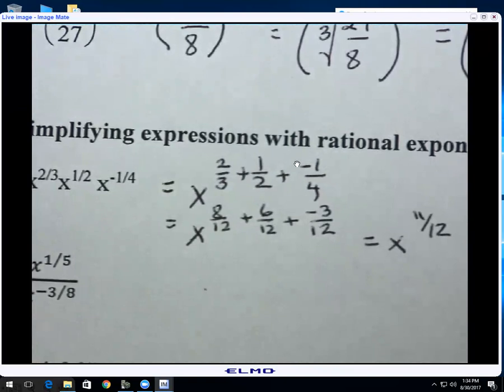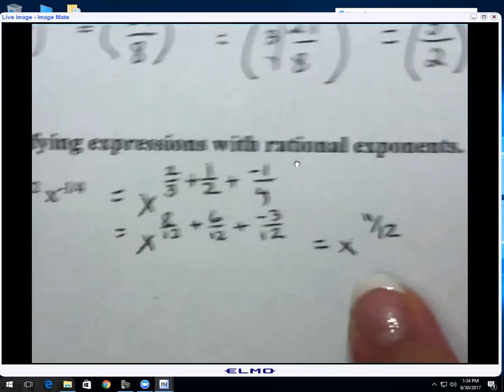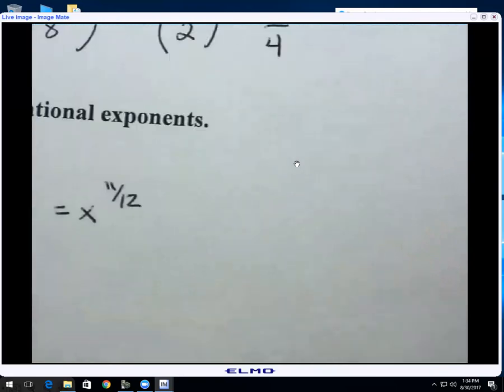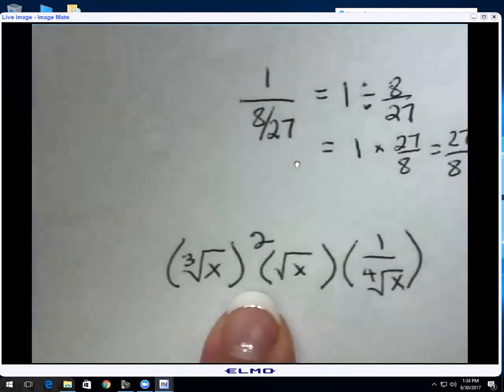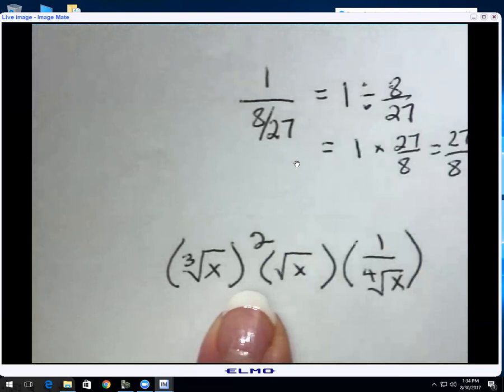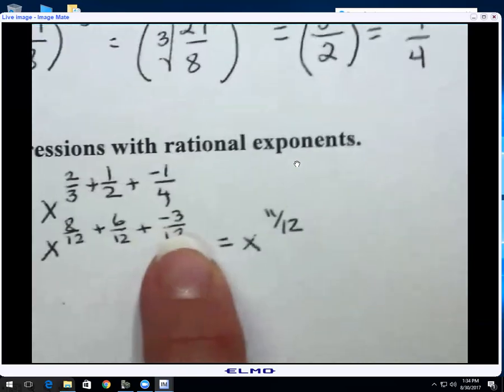I don't even have to find a common denominator. That is a whole lot easier than working with that. I don't even think I could do that problem unless I understood that I could write those with exponents and just add the exponents. Any questions about this?